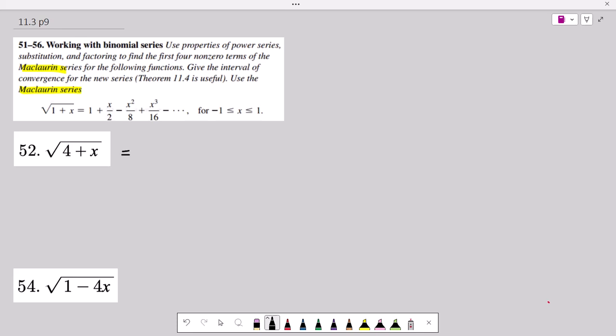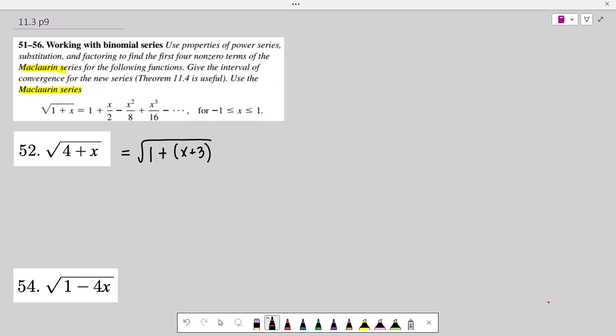That's a good question. If you were to write this as that, let's see. Wait, I didn't do that right. You said x minus 3. I think this is what you meant, if you force that to be a 1.